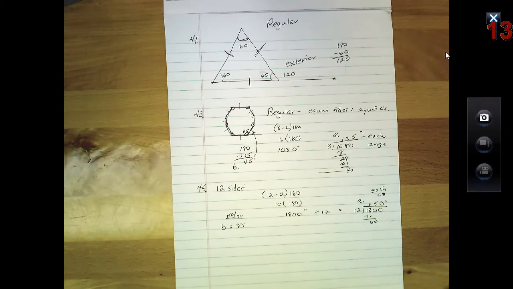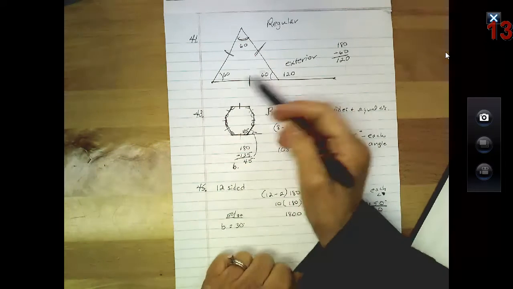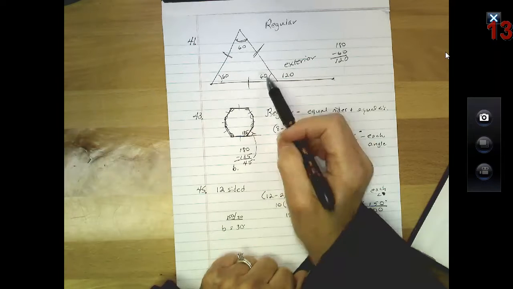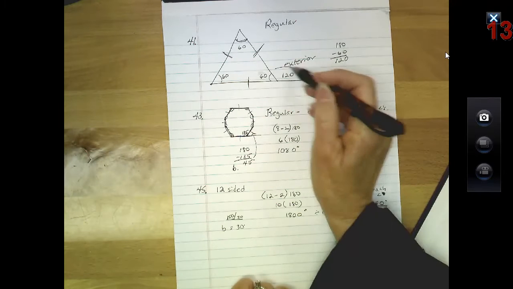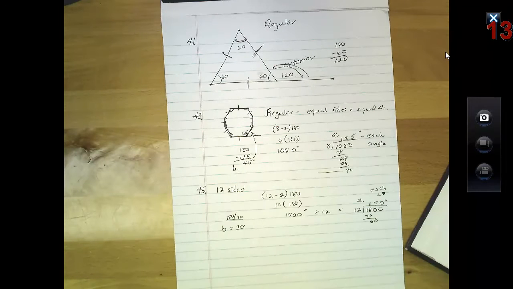So you have to know what regular means. Now in 41, it was a triangle. So if the sum of the measures of a triangle is 180, then 180 divided by 3 gives you 60 for each angle. Okay. Then they want to know the measure of this exterior angle right here. So 60 from 180 gives you 120.